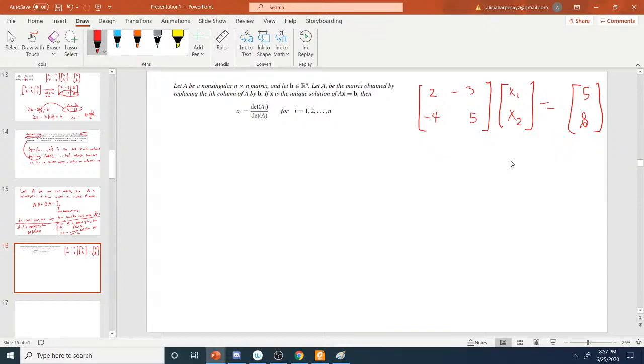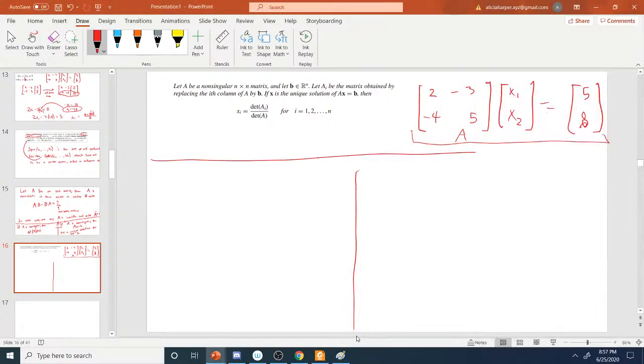So Cramer's rule gives us a technique for solving a linear system like this using determinants. In order to do this, you have to take your matrix, in this case A, and produce different matrices A_i for i equals 1 to n. In this case, we only have two i's to worry about, i equals 1 and i equals 2.